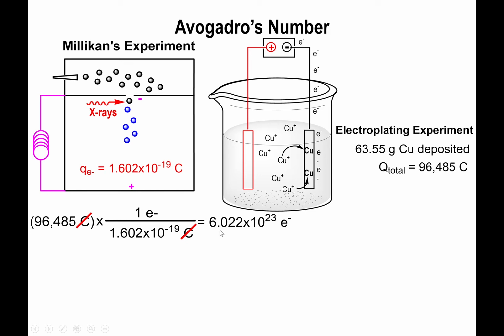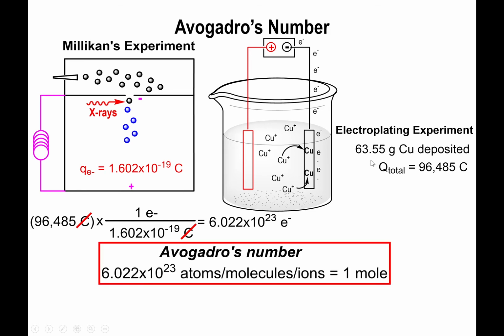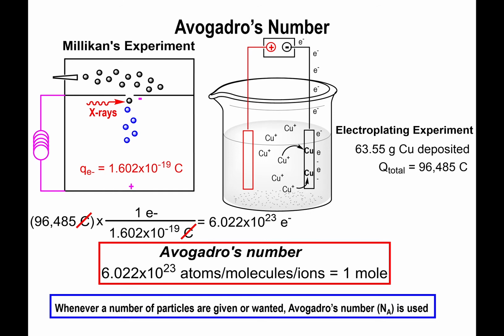So if you do have 6.022 times 10 to the 23rd electrons, you have to have 6.022 times 10 to the 23rd atoms of copper, which ultimately turned into 63.55 grams of copper. So technically speaking, Avogadro's number is the means by which we can switch over from ultimately the number of atoms or molecules or ions that we have present into the mass that we see in the periodic table.